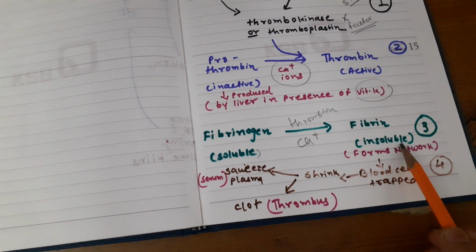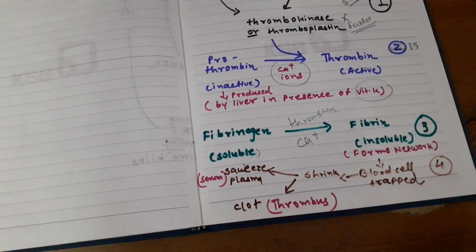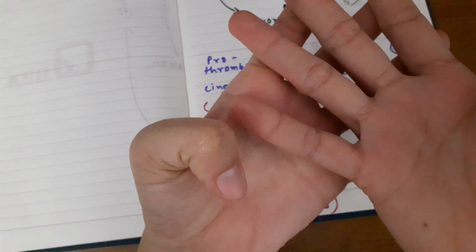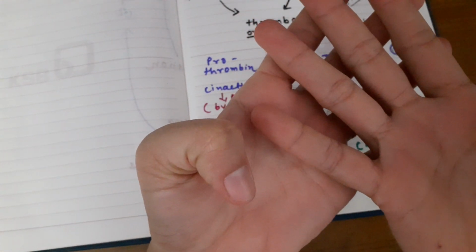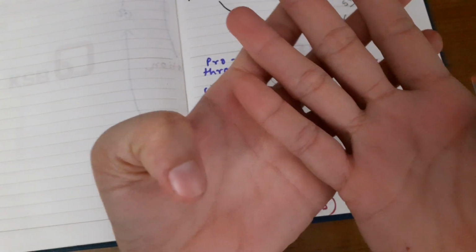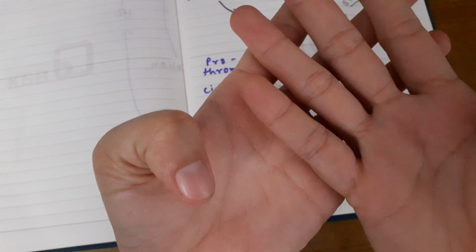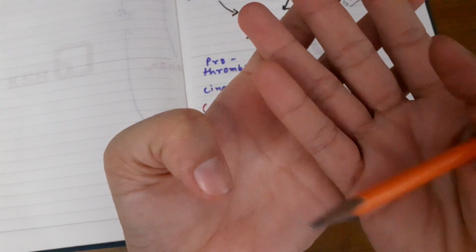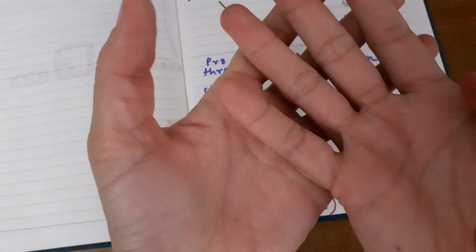This fibrin, in the form of small threads, precipitates out. You can see this fibrin in a microscope also, very thin thread-like structures which are sticky. They form a mesh-like structure, so that any blood cells passing through this area are trapped in the mesh.